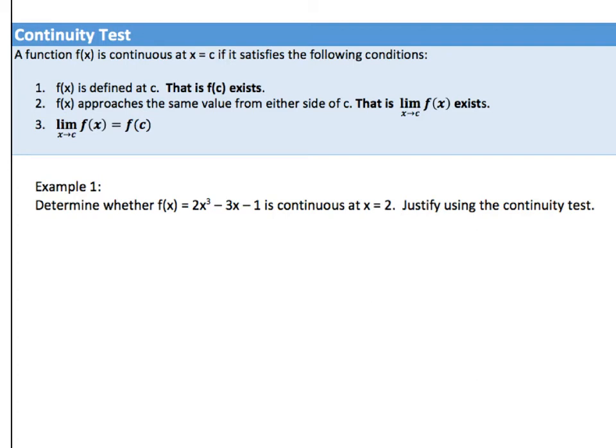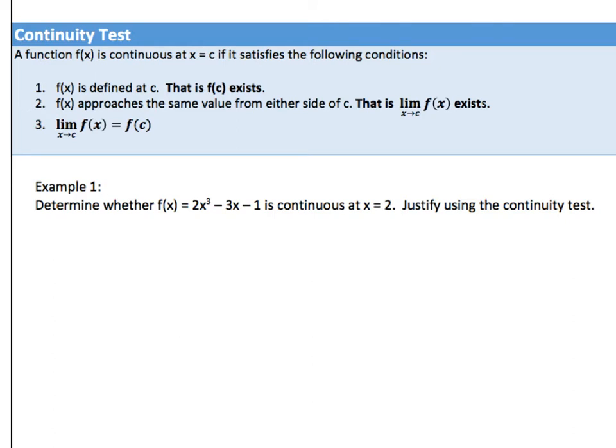You get an actual value. So you check that. Then you check that the function approaches the same value from either side of that number, of that constant. In other words, we're saying that the limit exists. And the third thing we do is we check to see if condition 1 is equal to condition 2, all right? If you get the same value, we've proven that it's a continuous function.